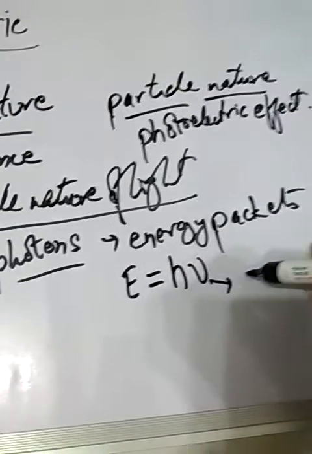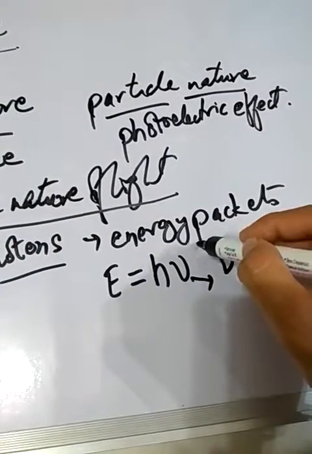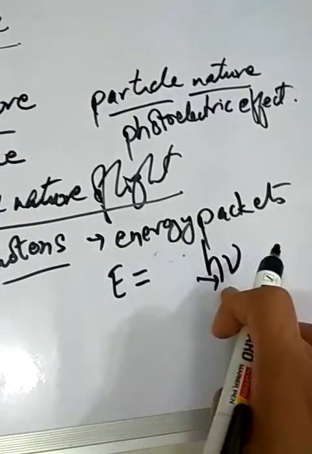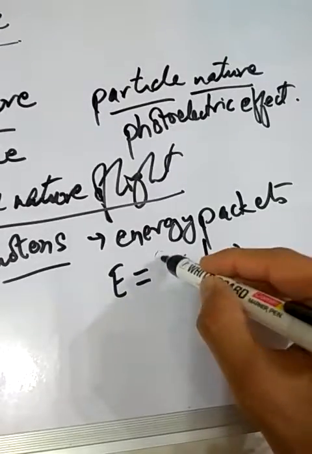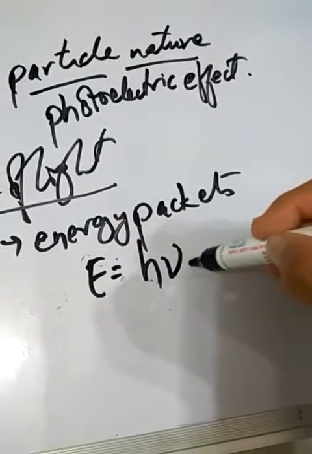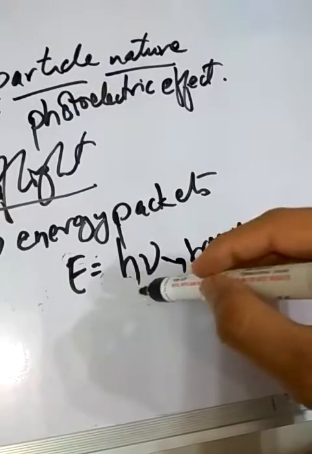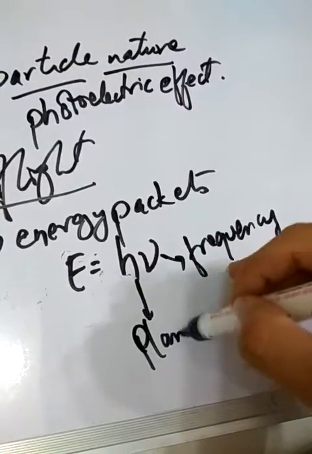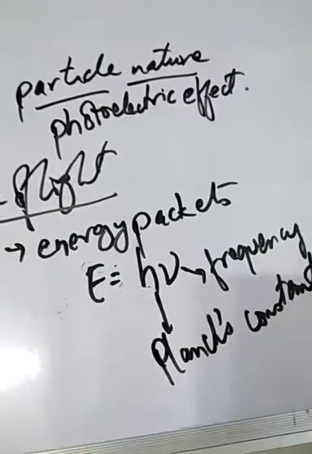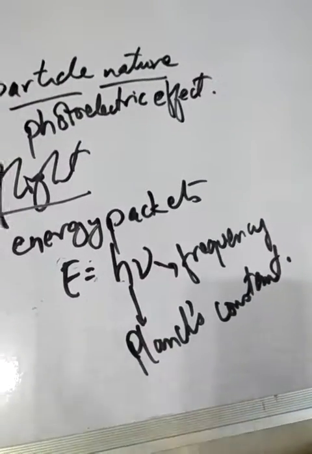Nu is the frequency, E equal to h nu, and h is Planck's constant. It has not a big value, it's a very small value. It is a constant.